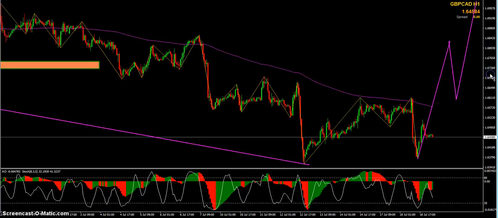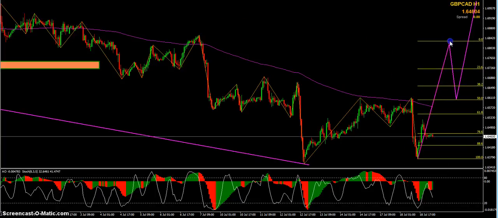And where we think it's going to go, obviously we use our Fibonacci retracement tool to the minimum 38.2. That's where it will tell us where we think it might go for our entry. And then we use our Fibonacci expansion tool from the start to the end and back down to the furthest point it goes.